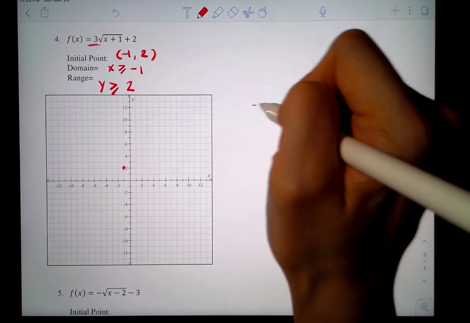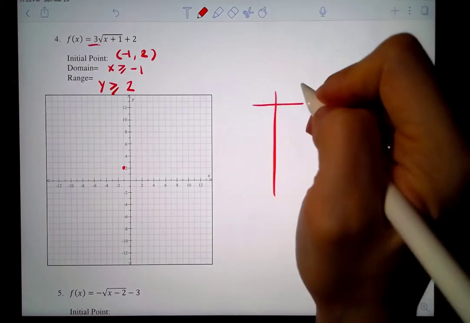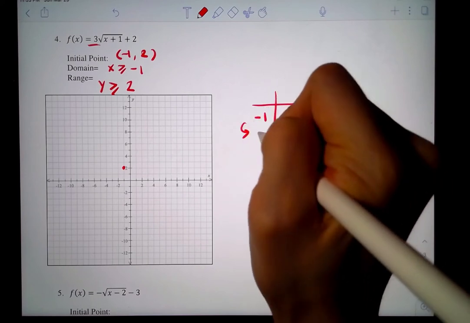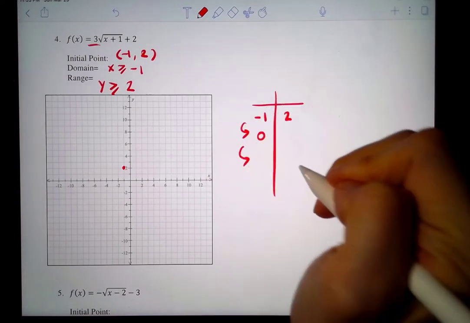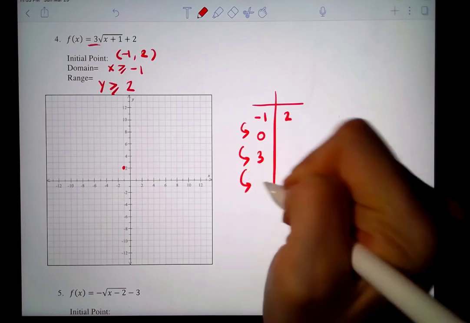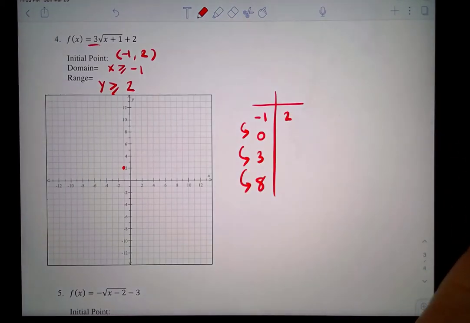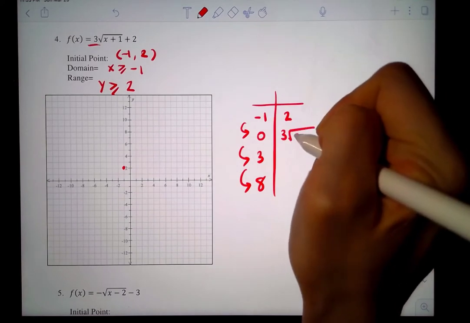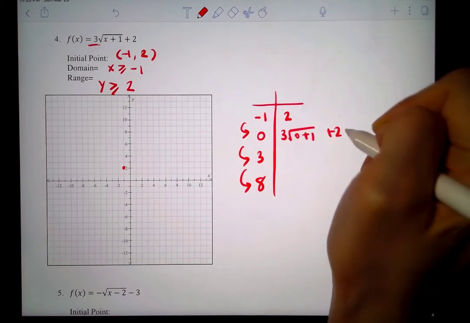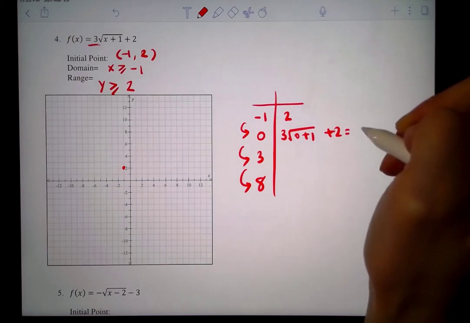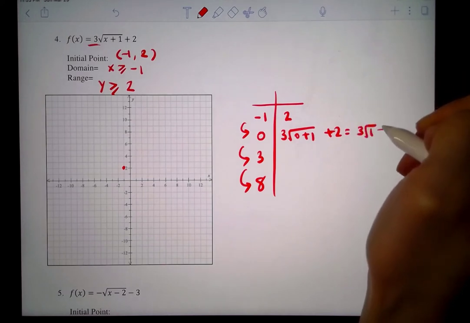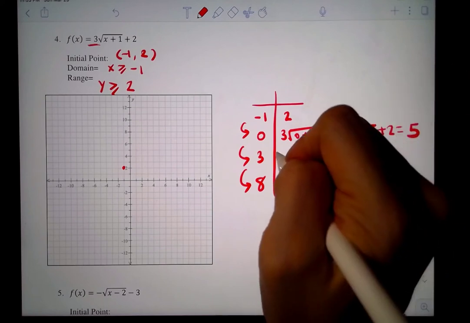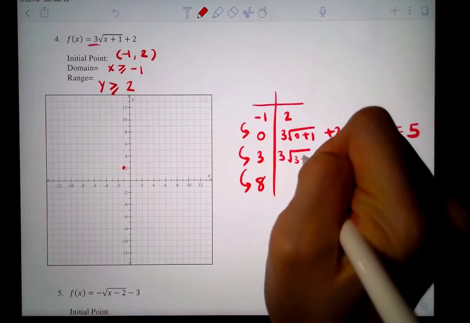I'm gonna sketch. And this one you got 3, right? So I'm gonna make a table. So -1, 2, magic number +1, +3, +5. And then let's get the number. So when you put 0, then you get 3 times the square root of 0 plus 1, plus 2. Then you get 3 times the square root of 1, plus 2, which is 3 plus 2, 5. And then when you put 3, 3 plus 1 plus 2.